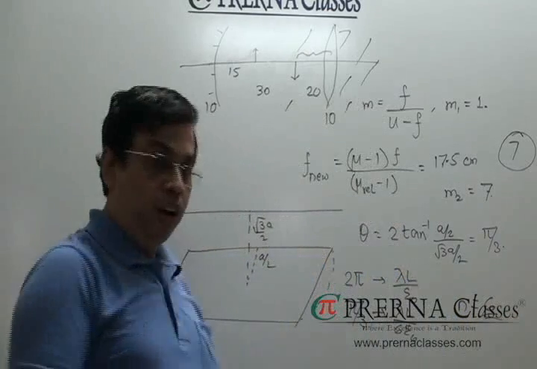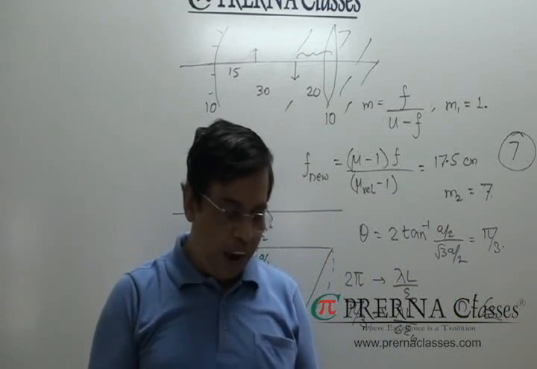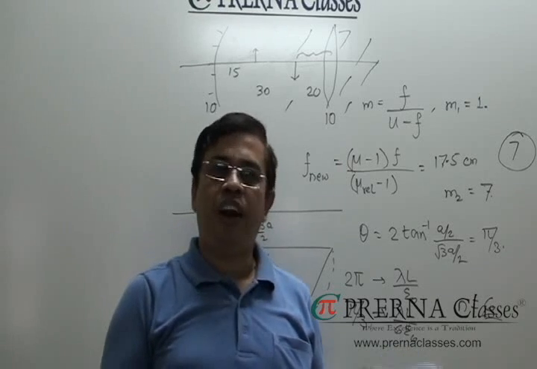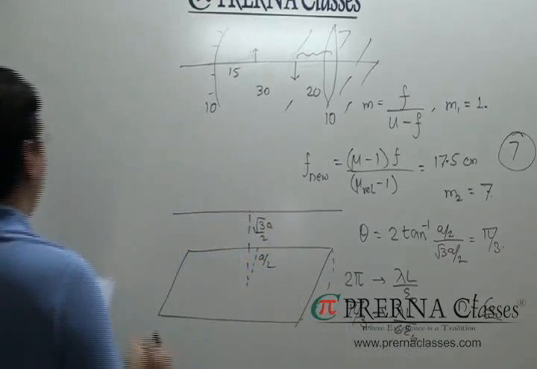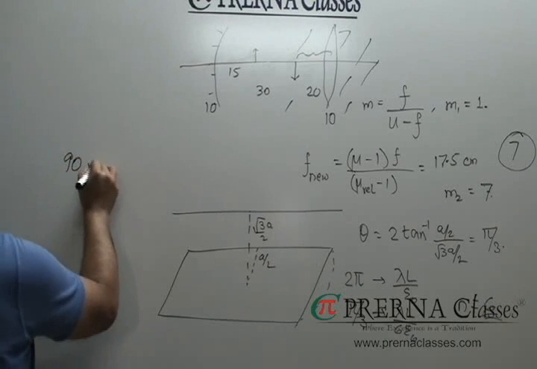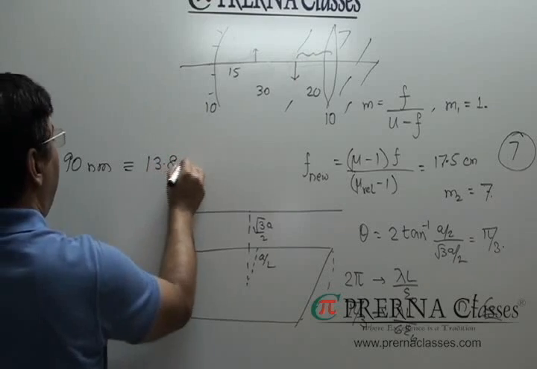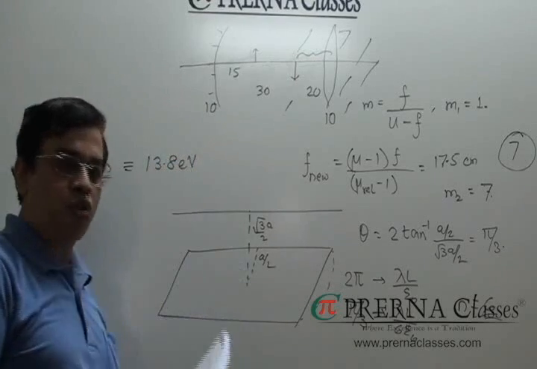Okay. In the integer type, you had a 90 nanometer wavelength photon being incident on an electron already in an excited state. Now 90 nanometer we can easily transform in terms of energy. That comes out to be 13.8 electron volts.